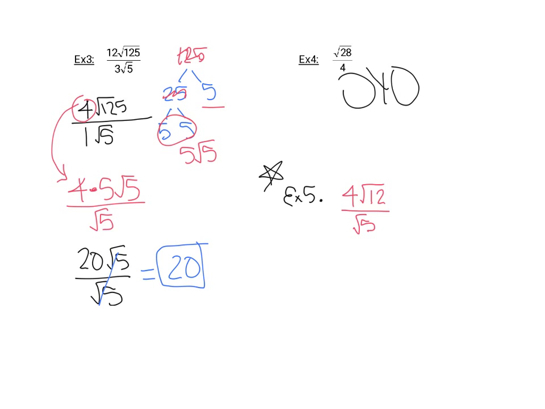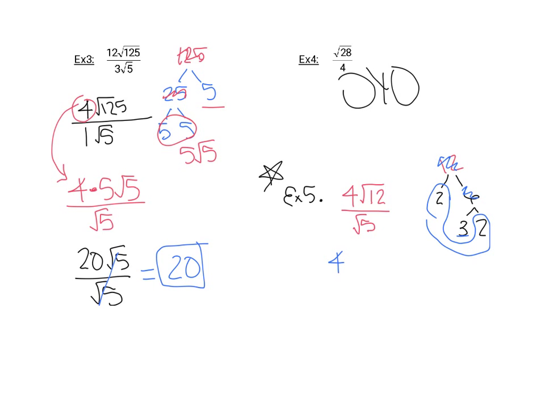We can't do that. So let's see if we can break down 12. 12 breaks down to 2 times 6, and 6 breaks down to 3 times 2. I notice that I can squiggle that out and that out. I have a pair of 2's, and then we got that 3 left over.